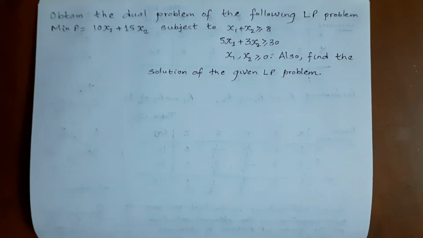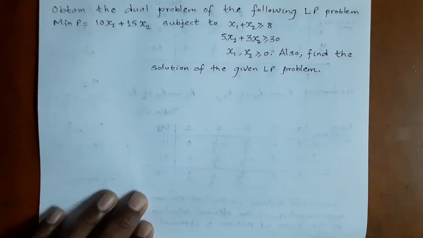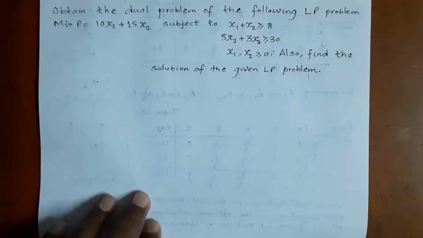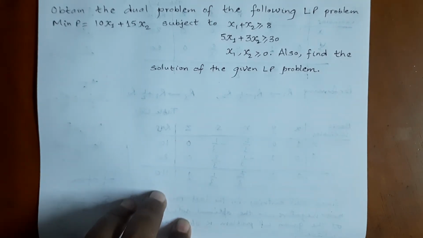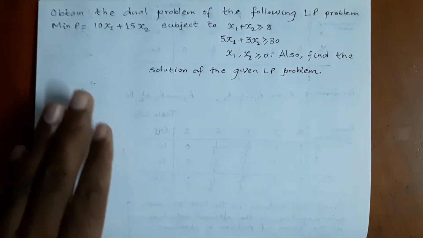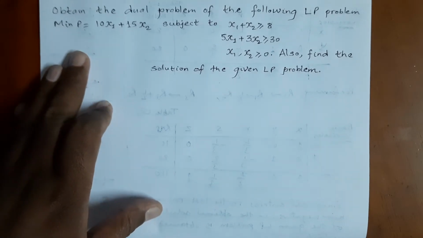So previously, in my previous video, I have explained how to find a maximum value of the objective function subject to the given constraints. And now I am going to explain how to find out the minimum value.